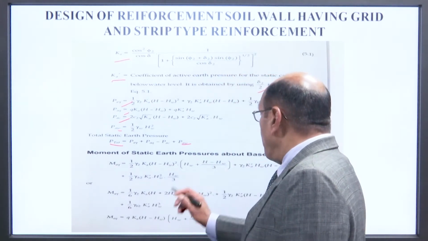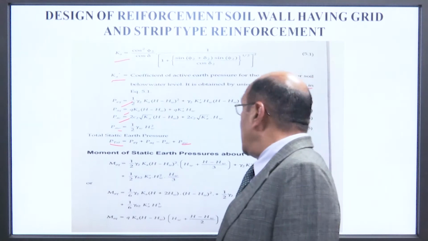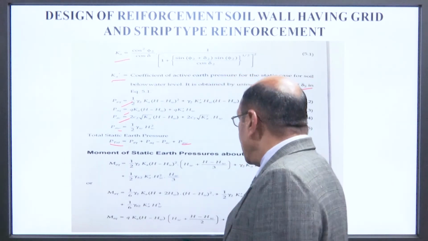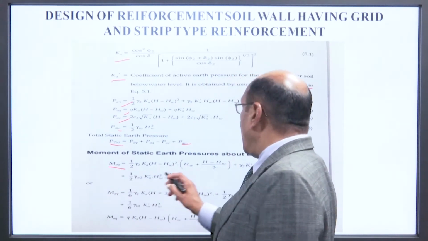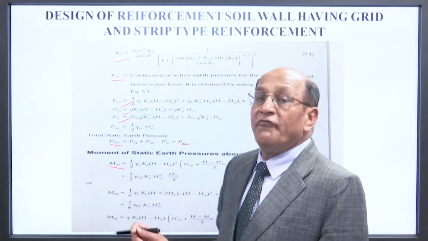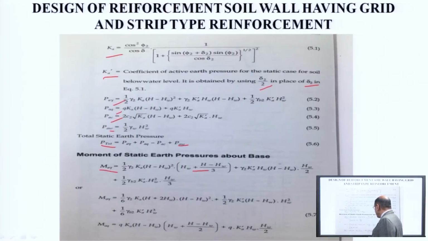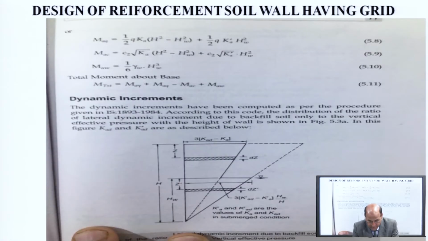Now come to the moment of static earth pressure about the base. We have to calculate it. Again, this is the MAY. Putting the different values of parameters we have in the equation, we will get the values of MAY, MAQ, MAC and MAW.